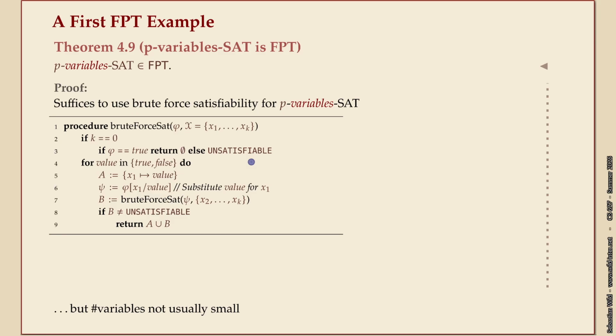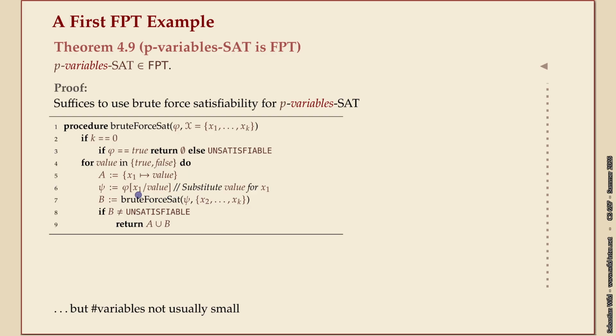That's the base case. If I have some variables, then I'm going to pick the two options for the first variable and recursively solve with both options. So I'm iterating over the two choices I have for x1. Then I'm constructing this partial assignment, just this notation here written as a kind of a function that maps variables to some Boolean value.